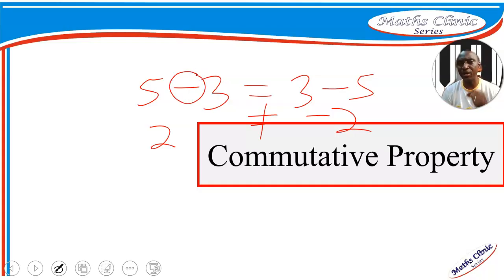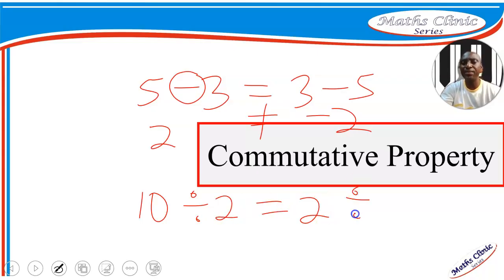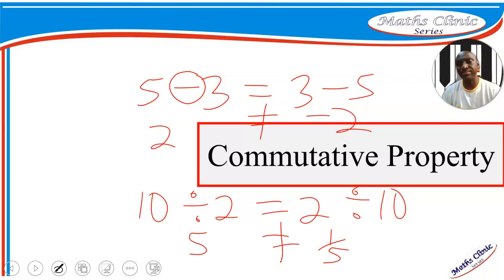I hope it makes sense. Subtraction is not commutative. Again, if I have 10 divided by 2 and 2 divided by 10, while this is giving me 5, this one is giving me 1 over 5, and they are not the same. And so we say division is not commutative.